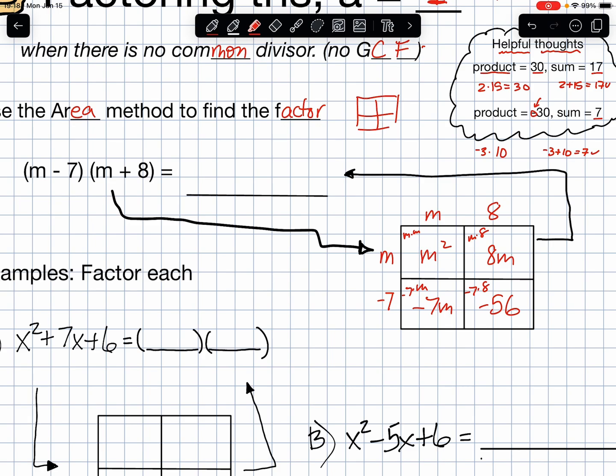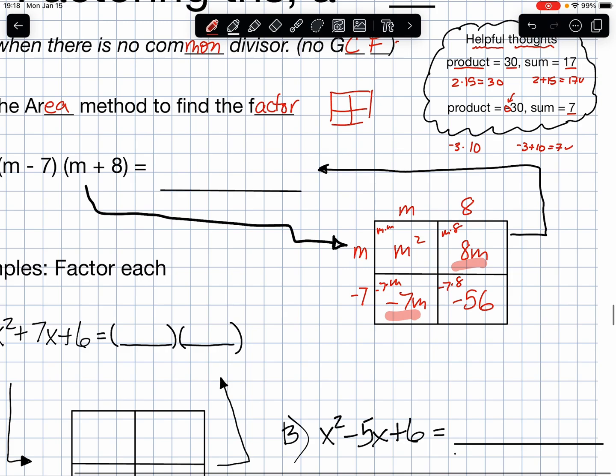One thing we can see in these examples is usually two of these terms add up. In this case, the negative 7m and the 8m. And negative 7m plus 8m is 1m.